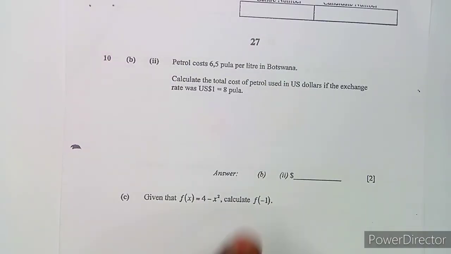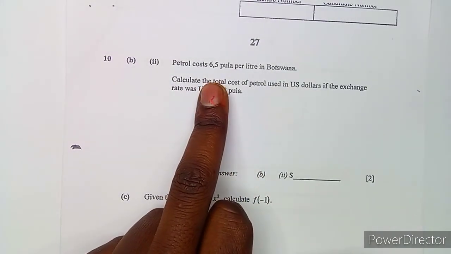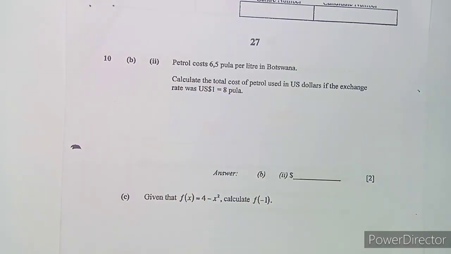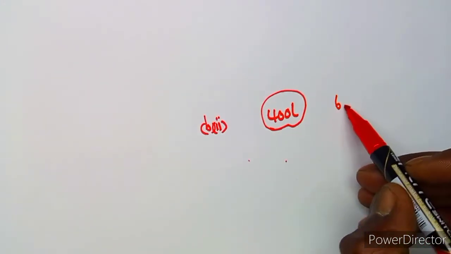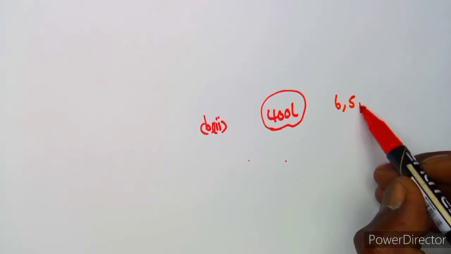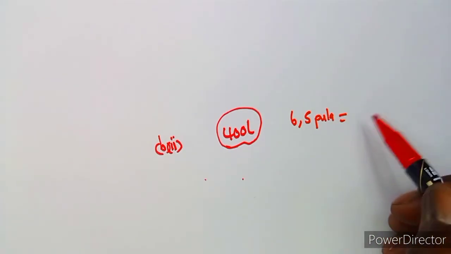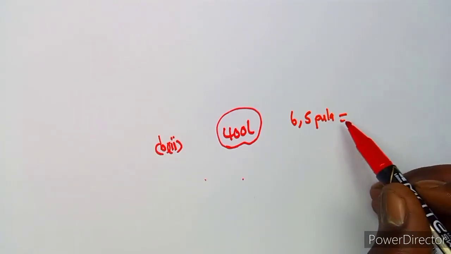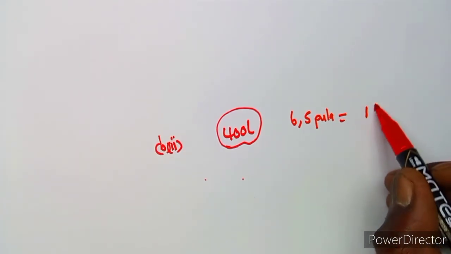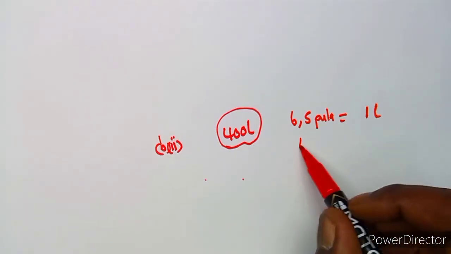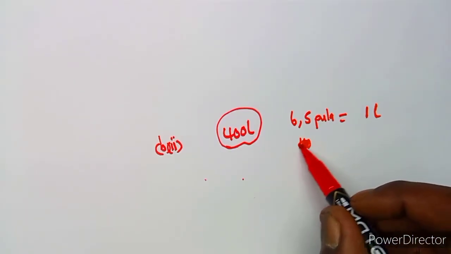And we are given that it's 6.5 pula per liter. So how much are we going to have in pula? So this is actually 6.5 pula per what? Per liter. What about 400 liters?